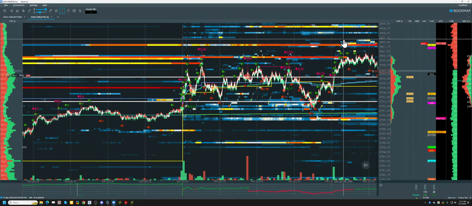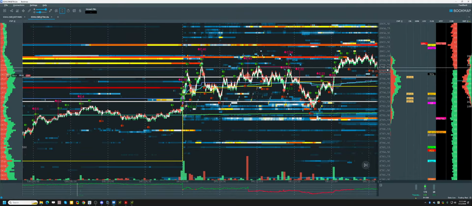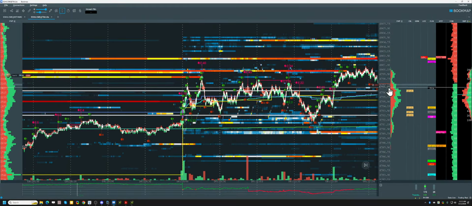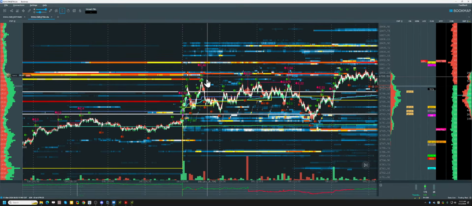I want every edge I can get my hands on. And here's one way to use this. There are other things I do, but let's keep it simple. I know there's sellers here, and who takes the other side of liquidity? Do you know what stops and market orders are? Liquidity. What is this? These are limit orders. This is the passive side in the order book.